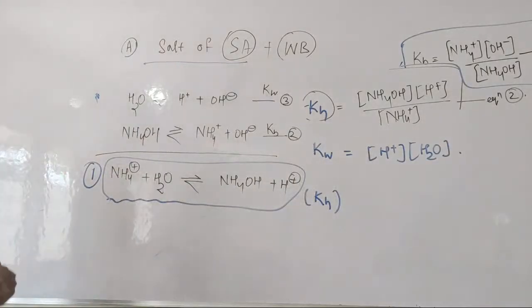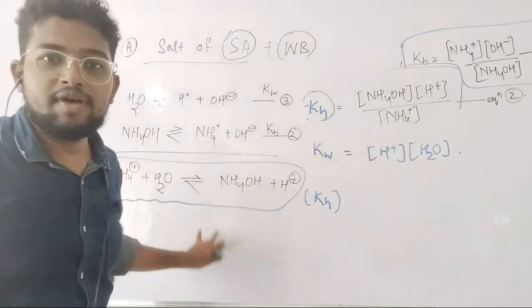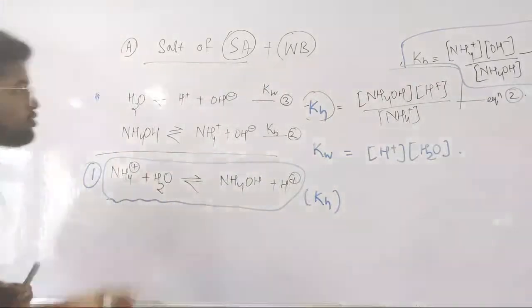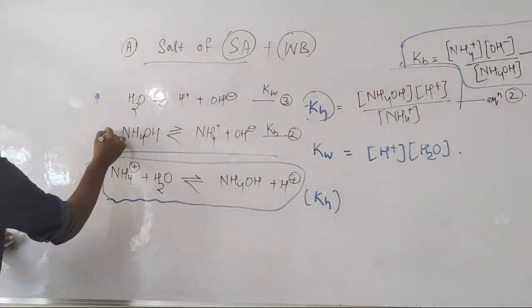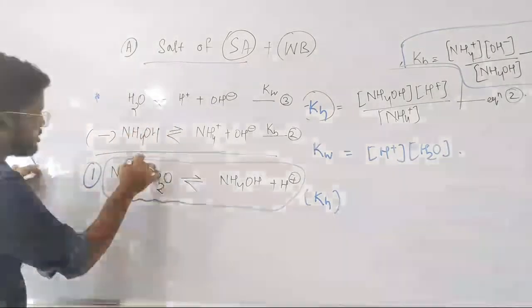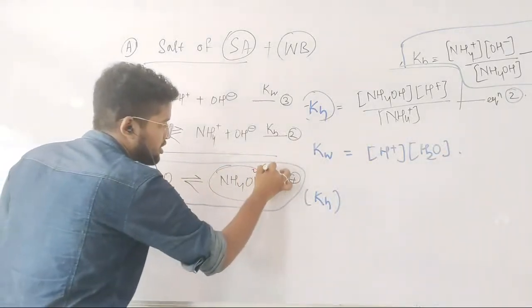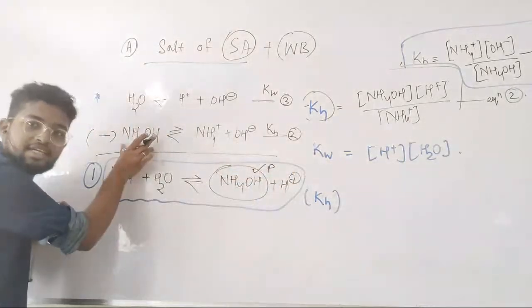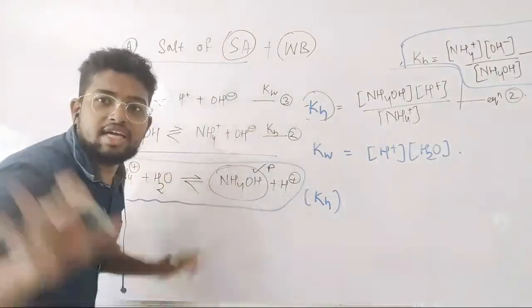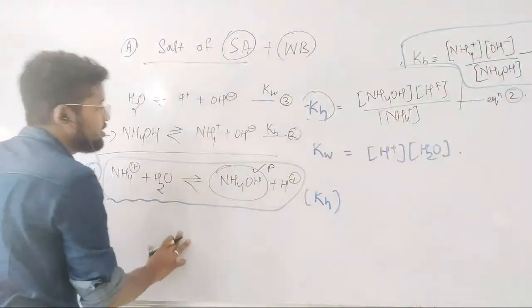Can anybody say what I can do to equation 3 and equation 2 to make our final equation? Can I reverse this reaction so that I can get this as our product? I need NH4OH as our product, right? Here it is on the reactant side. So can I reverse this reaction? Yes, very good. So I will reverse this one and we will get the final answer.